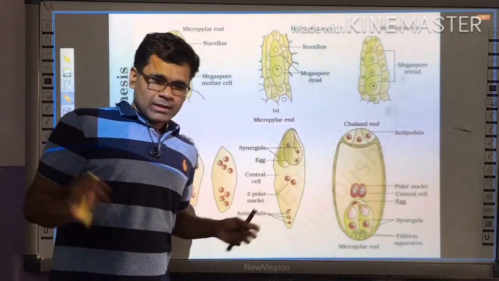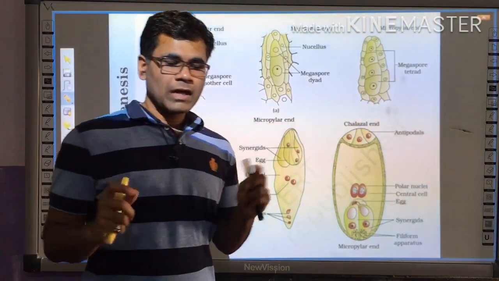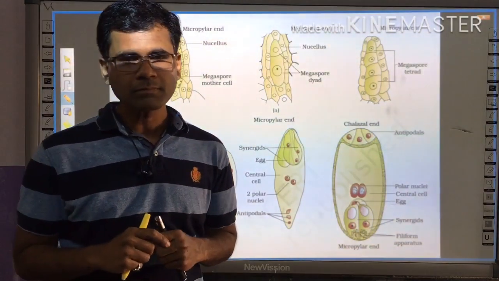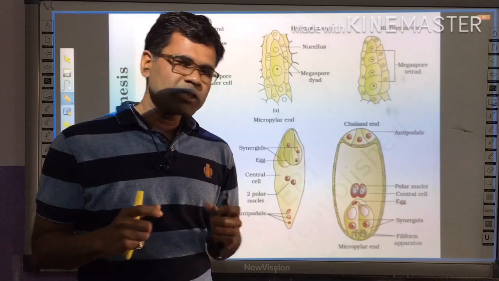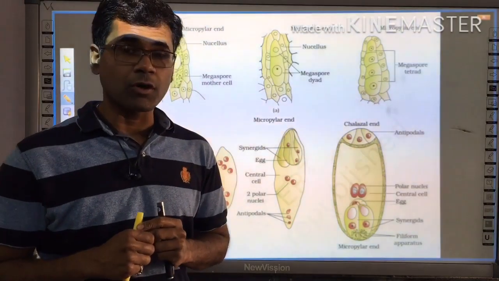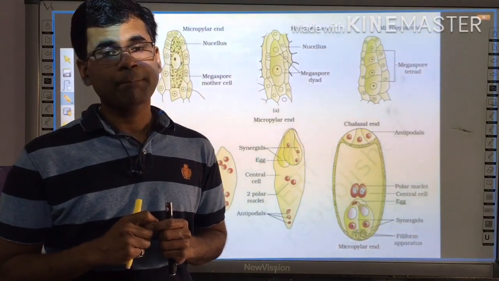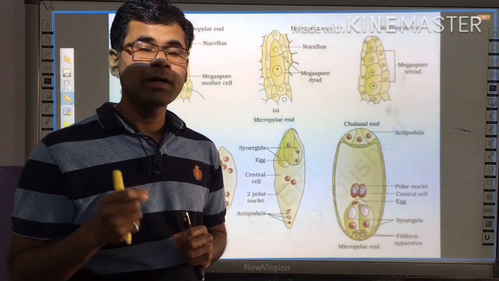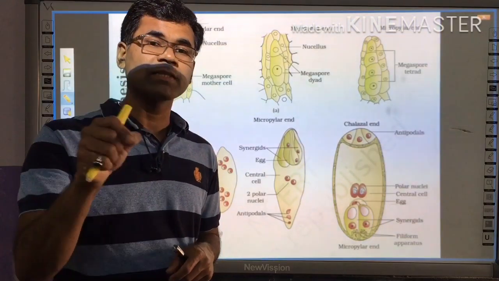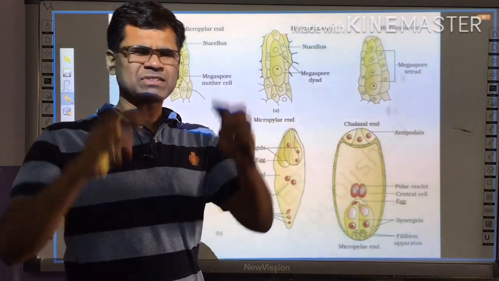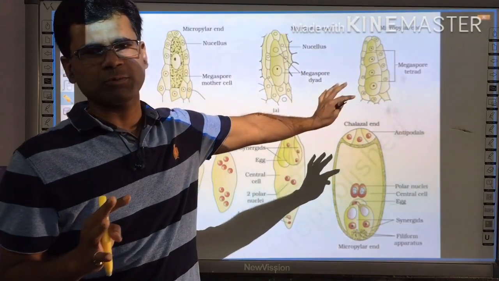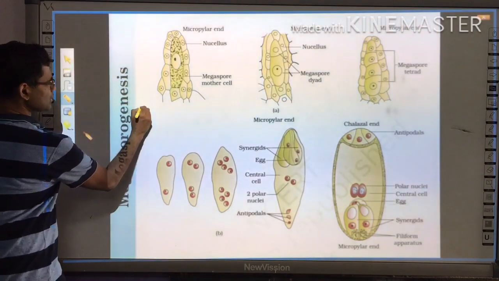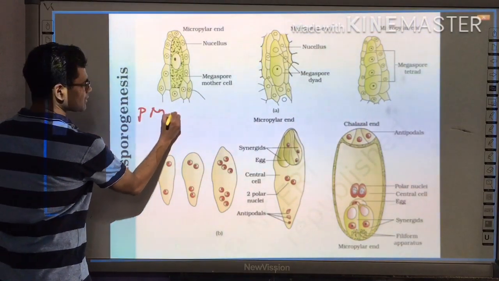Well, now the second important part is megasporogenesis. Megasporogenesis is the process of formation of the haploid female gamete from the diploid megaspore mother cell. It is just the same as we have studied about microsporogenesis. In microsporogenesis, we studied the PMC, the pollen mother cell.